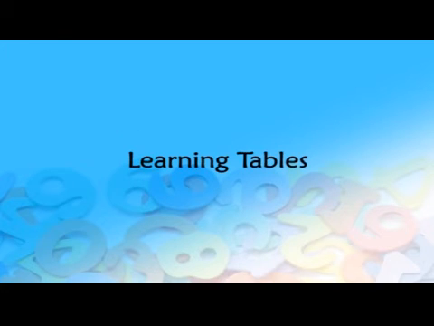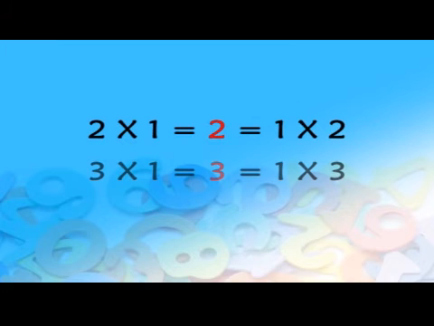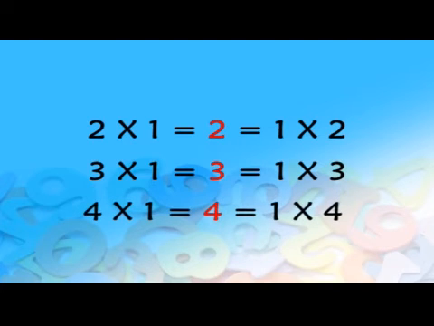Another thing is the question of learning tables. Of course, we help them to do it with rote memory, but they also need to write it. They need to understand 2 into 1 and 1 into 2, the answer is the same. Again, 3 into 1 and 1 into 3, 1 into 4 and 4 into 1.